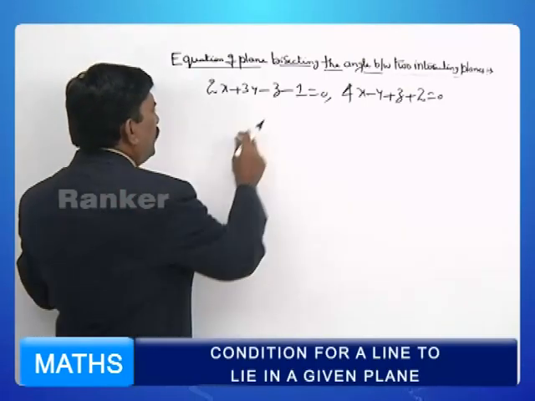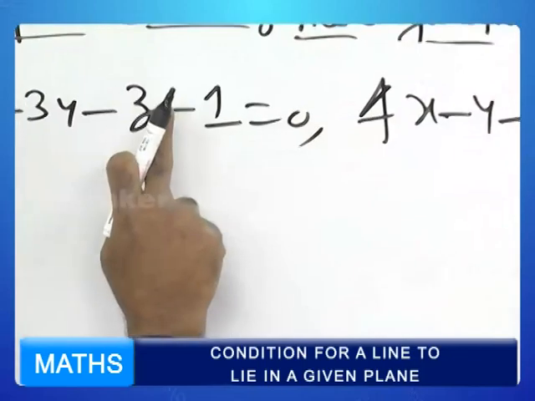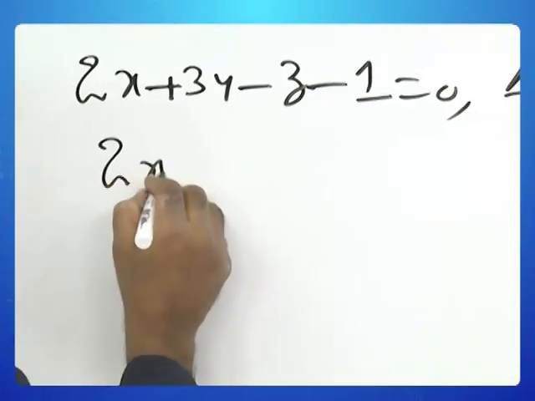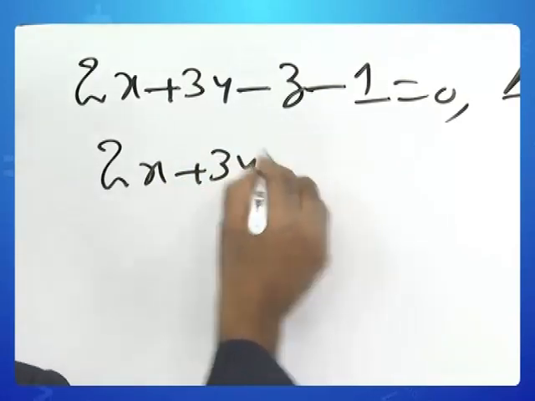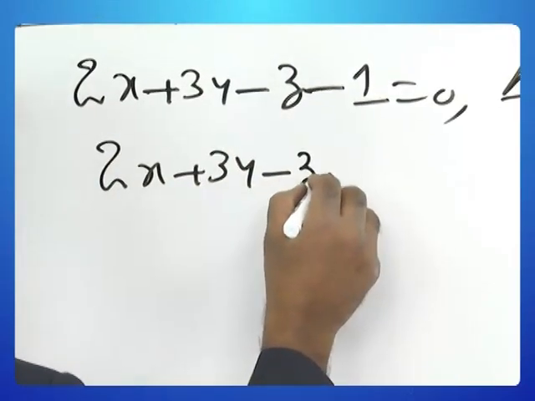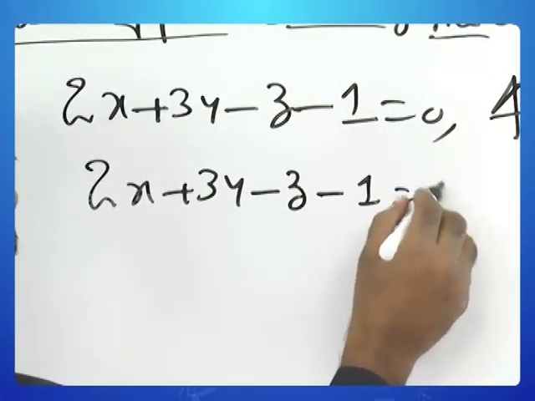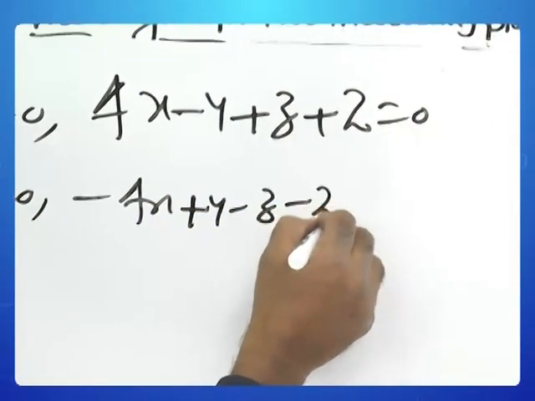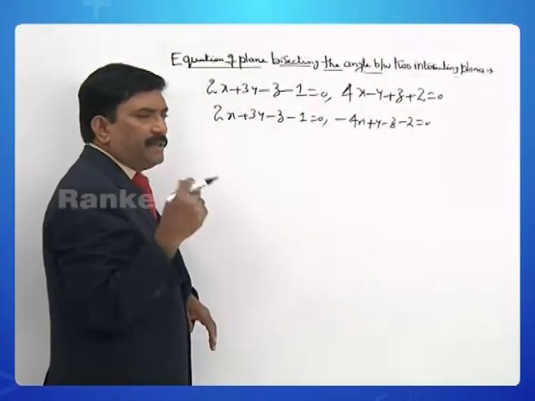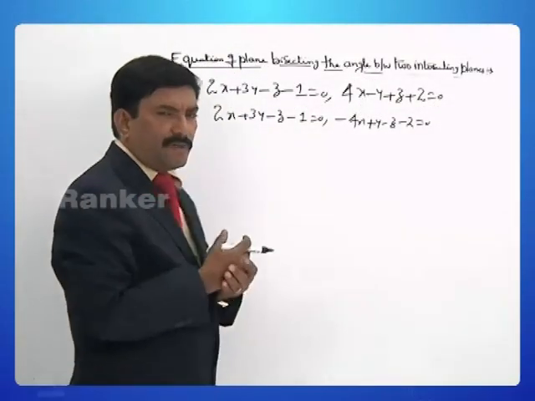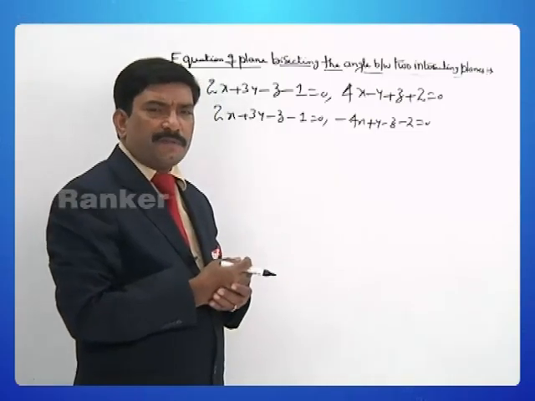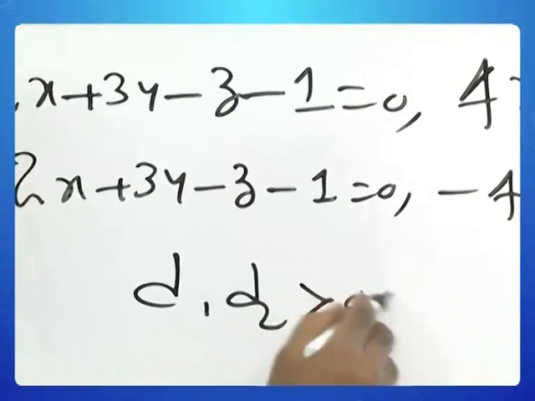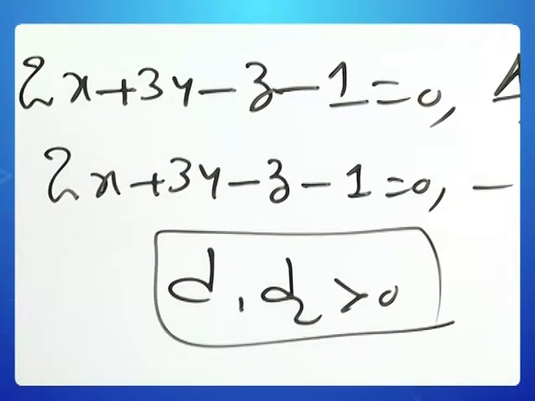First, make the constants both negative or both positive. That is, 2x plus 3y minus z minus 1 equal to 0, and minus 4x plus y minus z minus 2. Everybody does plus, I did minus. It makes no difference. Now, first of all, D1 into D2 is greater than 0, correct?